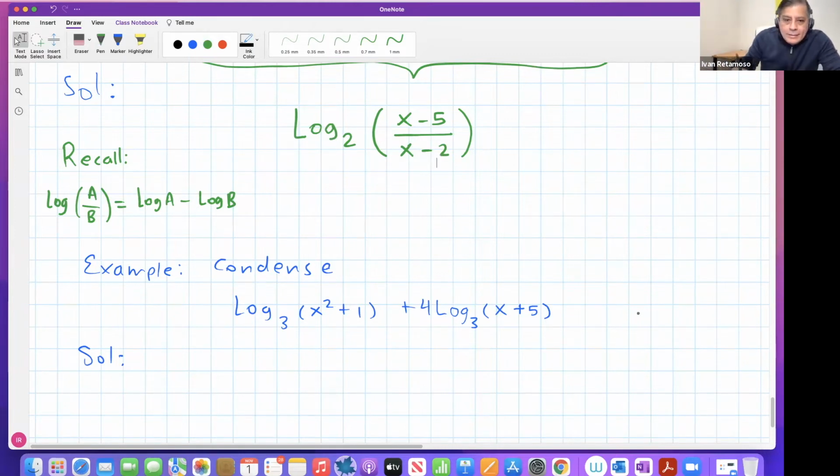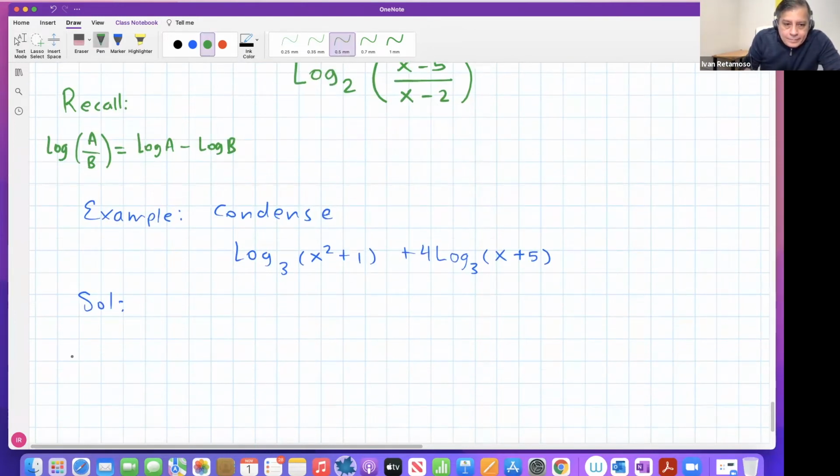Well, recall again that I can use the fact that the log of a product is the sum of the logs, backwards. But before I do that, notice I have this constant 4 that is kind of bothering me.